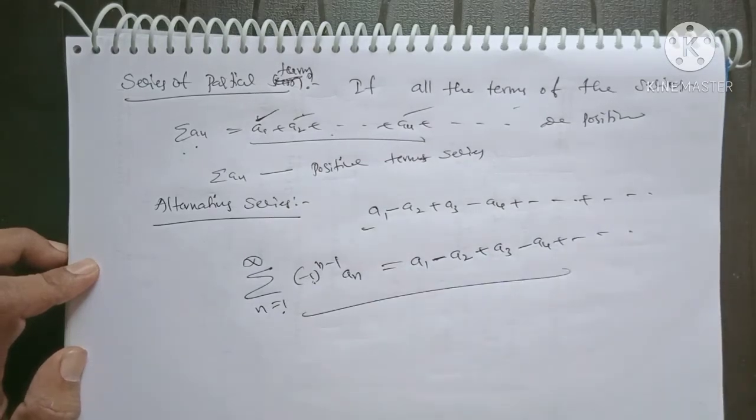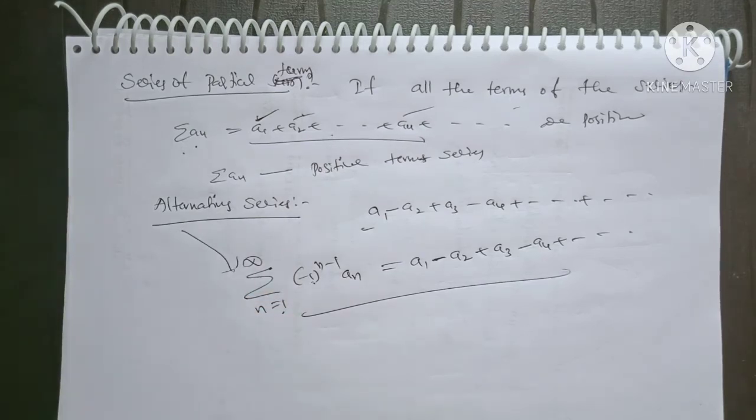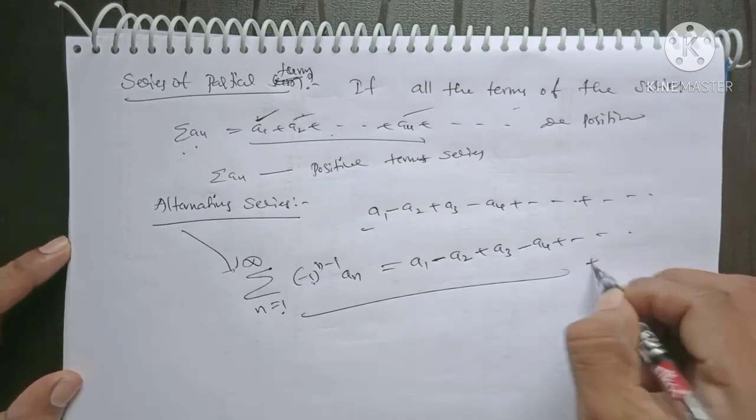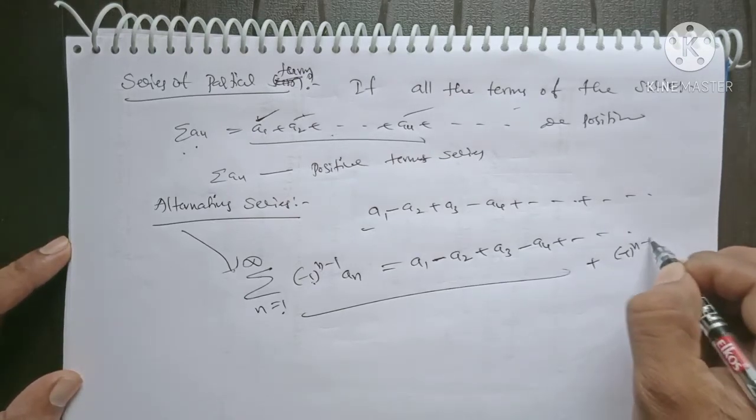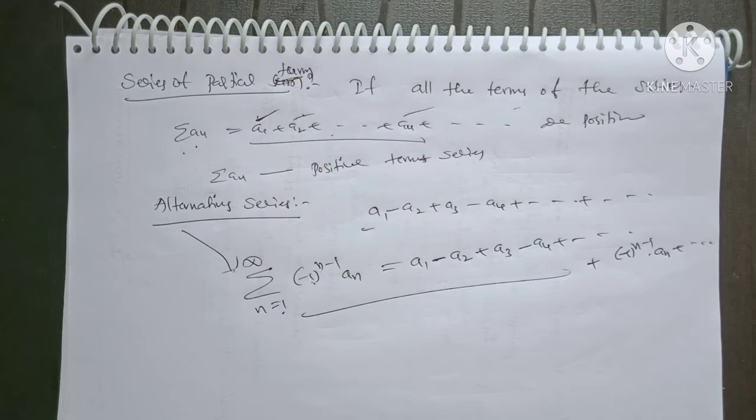This series is called an alternating series. The nth term of this alternating series is minus 1 power n minus 1 into an plus etc. So this is the definition of an alternating series.